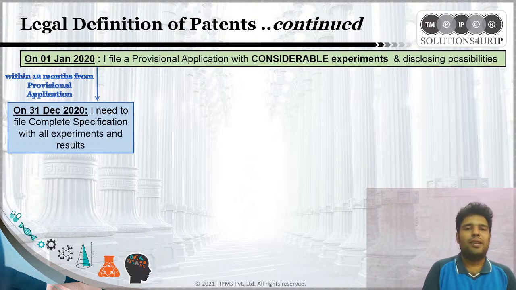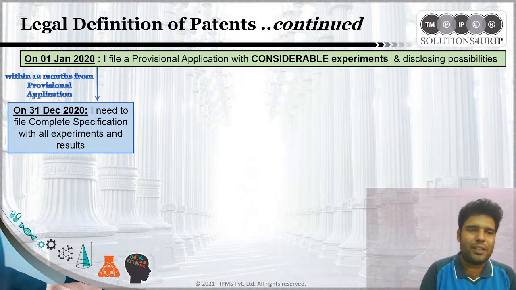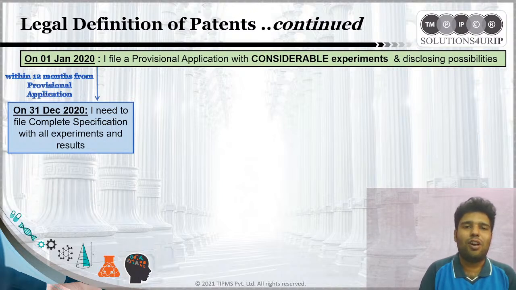Now, for example, if you are filing your provisional patent application on 1st of January 2020 and you are filing your complete specification on 31st of November 2020, then in that case form 3 will be required with the declaration that you have not filed anywhere except in India on 31st November 2020.